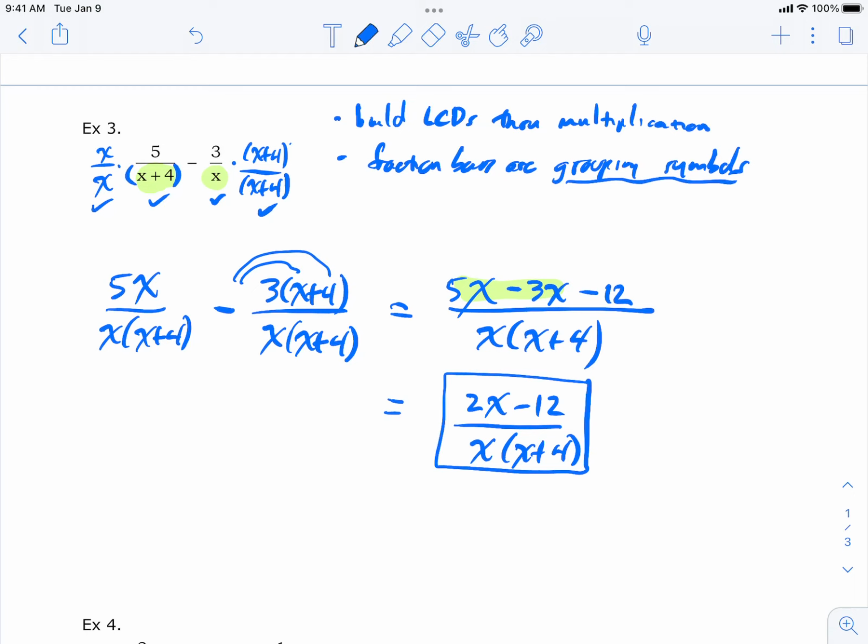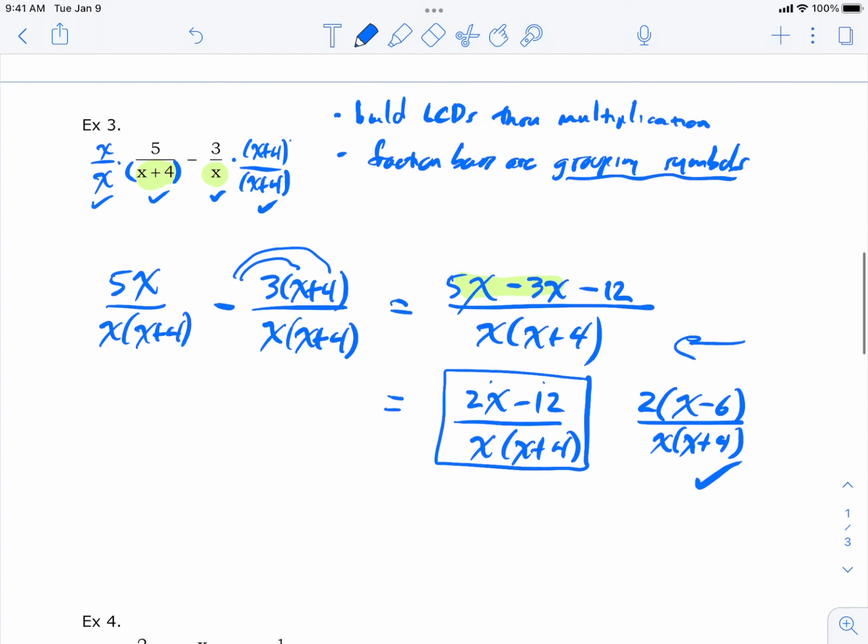If you want, these both have 2's in them, so you could factor the top, and then everybody's factored, and everybody's happy. This is actually a really good form for your answer as well. But again, when you get the common denominator, don't multiply it out. Just leave it in its factored form. Just leave all the pieces there.